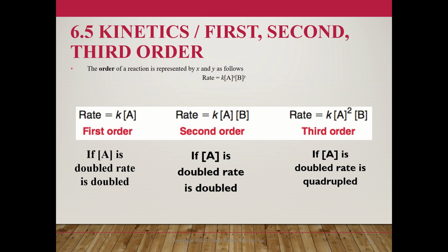In general, your rate law looks like this: rate equals some rate constant k, and then all of your reactants in brackets, meaning the concentration of that reactant, raised to different exponents x, y, so 1, 2, 3, 0, 1/2, usually whole numbers.